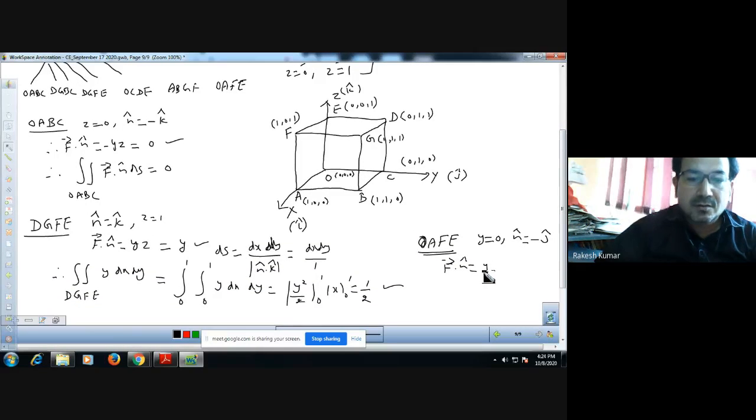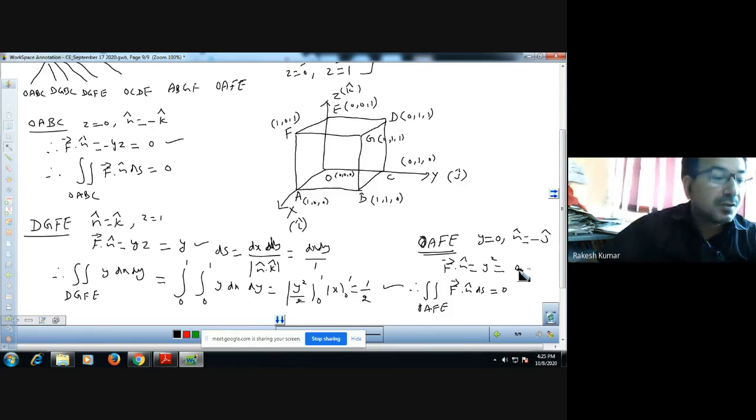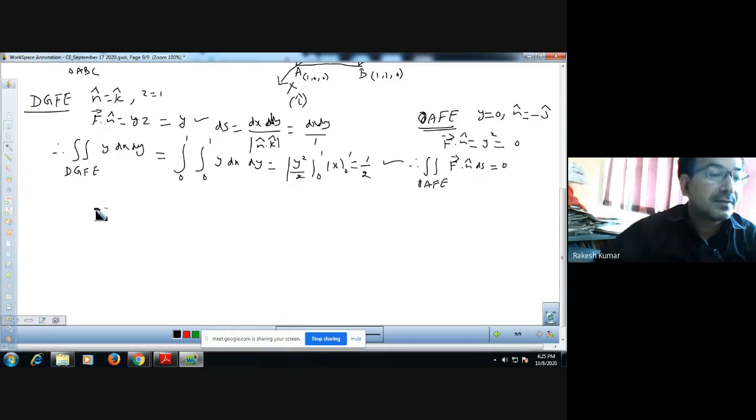So this is y square, but y is 0. This comes out to be 0. So the surface integral along this face OAFE, f dot n cap ds, will come out to be 0. So this is the third double integral of the surface integral.